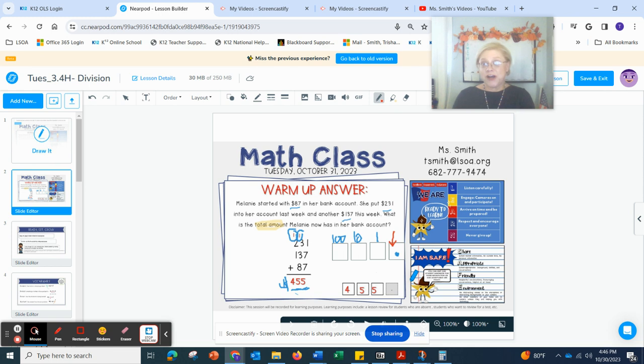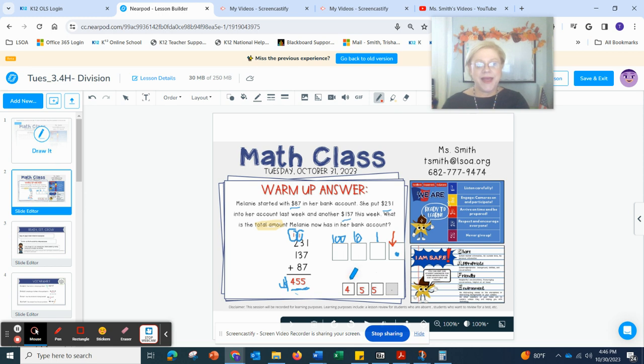Now, are we talking about money? Absolutely. But we're talking about dollars. And we always use a decimal point when we're talking about dollars and change. Melanie didn't have any change. So it's solid dollars all the way through. If she had some, we would have a few more boxes, and then we could worry about the decimal point.